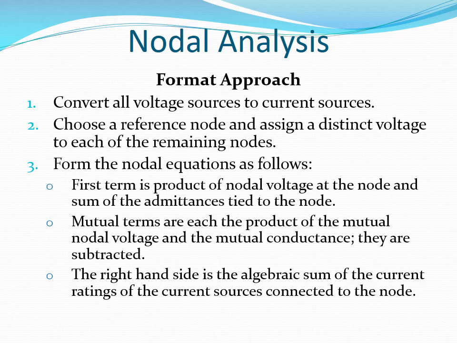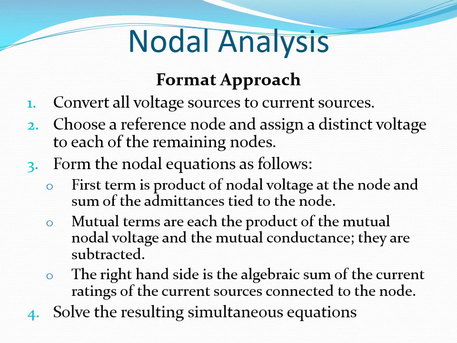Subsequent terms are mutual terms. Each mutual term is the product of the mutual nodal voltage and the mutual conductance. Mutual terms are subtracted from the first term. The right-hand side is equal to the algebraic sum of the current ratings of the current sources connected to the node. 4. Solve the resulting simultaneous equations for the nodal voltages.